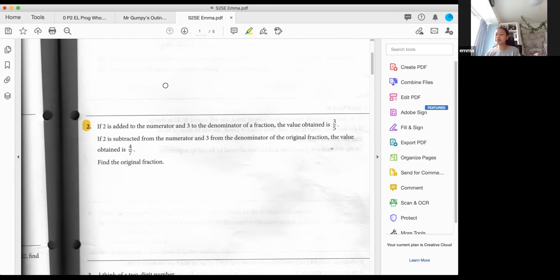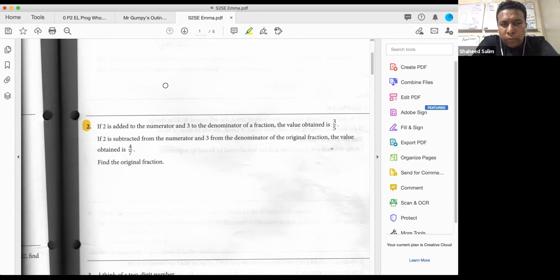Two is X, three is Y? But you know, X and Y are unknown. Emma, if you say they are known, what's the purpose of giving them an X and a Y? We give X and Y because we do not know the number they are.